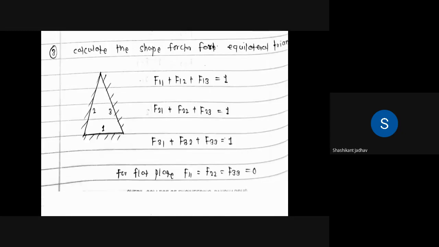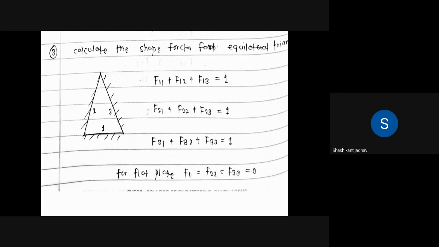Okay, then next slide. So this is the last problem on the shape factor: calculate the shape factor for an equilateral triangle. So all of you draw this equilateral triangle.